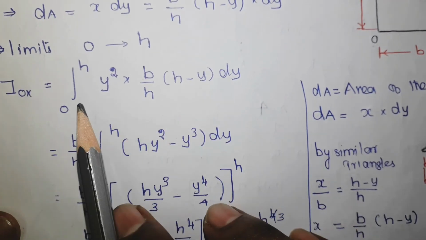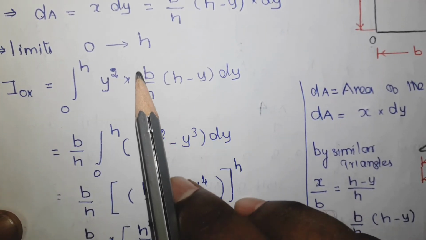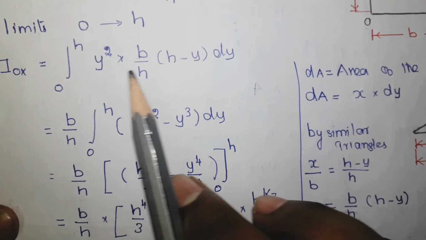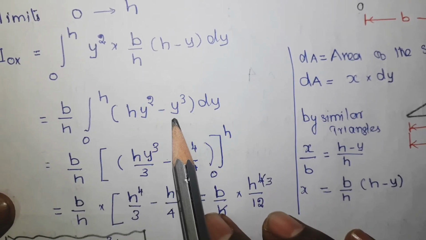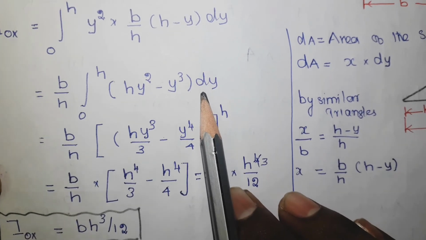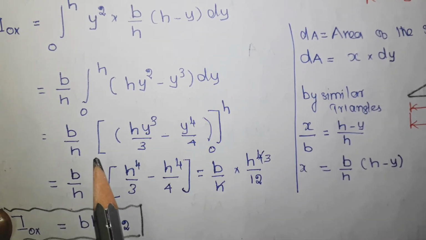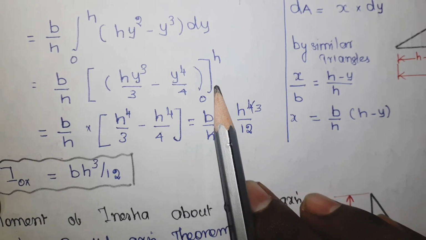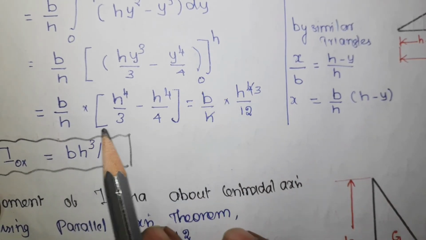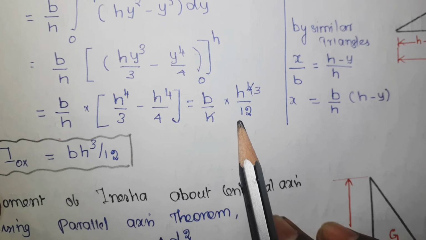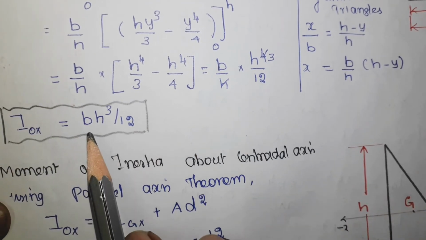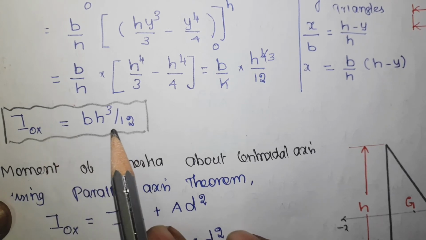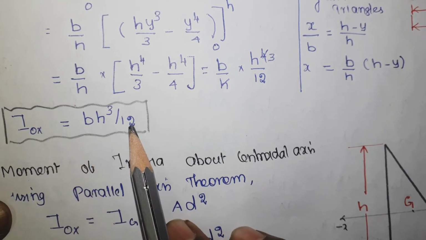Now take the constant b by h out, and multiply y square into the bracket, so h y square minus y cube into dy. Now integrate this equation, and if we substitute the lower limit and upper limit and solve, you will finally arrive at bh cube divided by 12. So this is the formula for the moment of inertia with respect to the base axis.